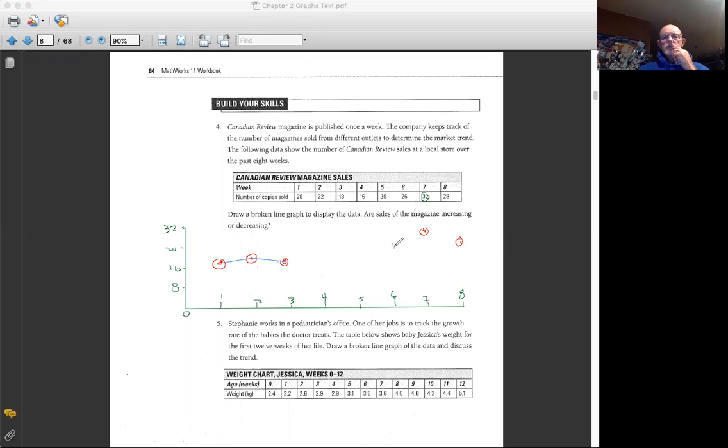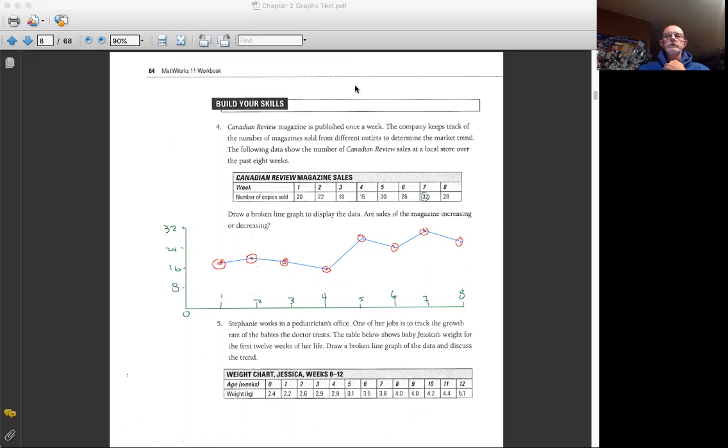Oops. 5 is 30. 4 is 15. Yeah. So heck, I'm doing your homework for you. So that's what your thing should look like.